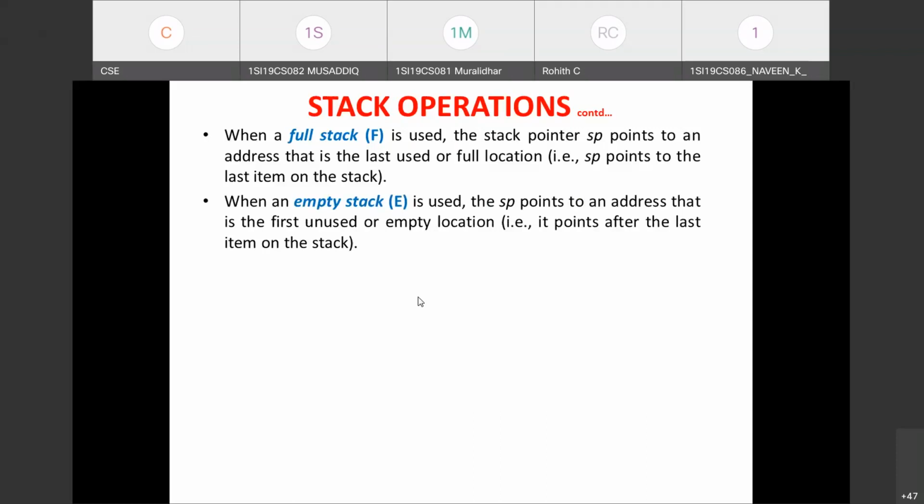That is, it points after the last element on the stack. That means it immediately points to the next location after the last element is inserted. So whenever you are inserting data, you need not update the stack pointer first. Already it is pointing to the empty location. We can first perform the push operation and then update the stack pointer based on whether you have considered ascending stack or descending stack.